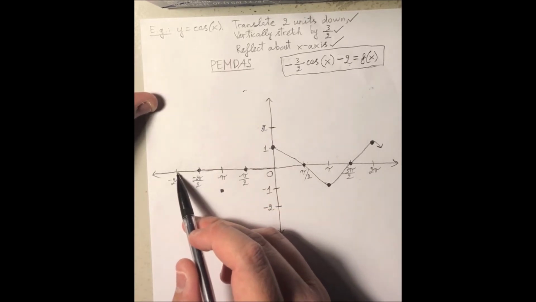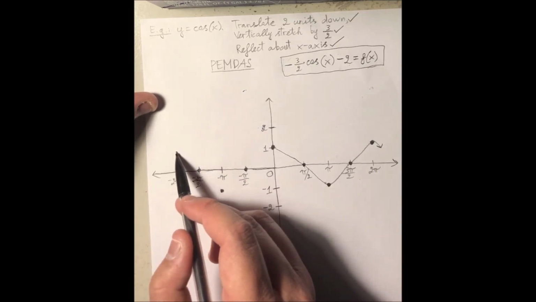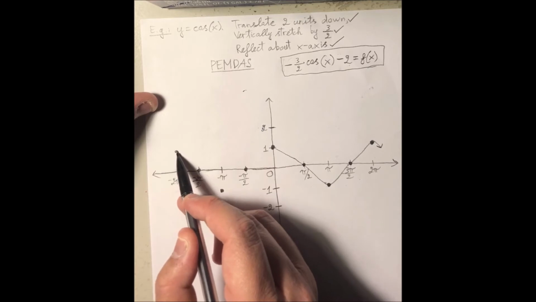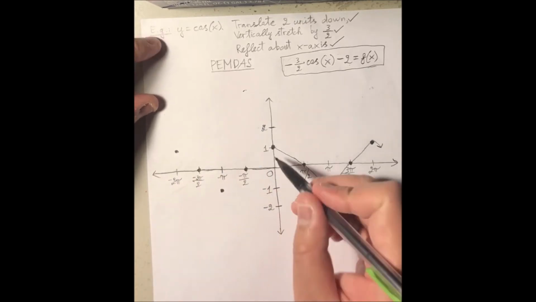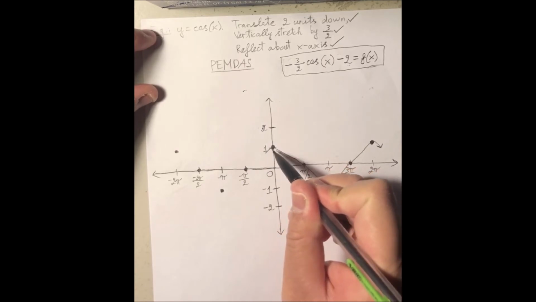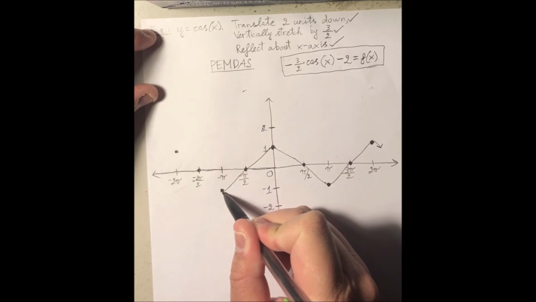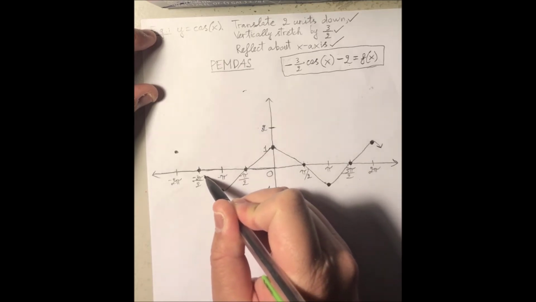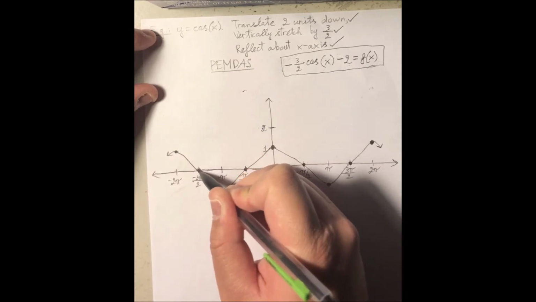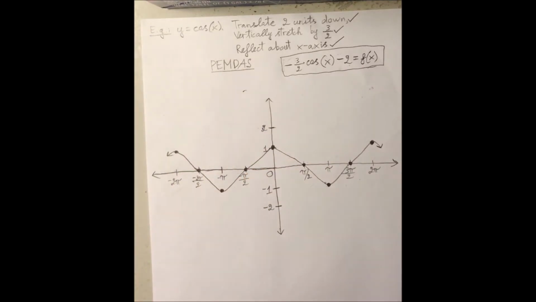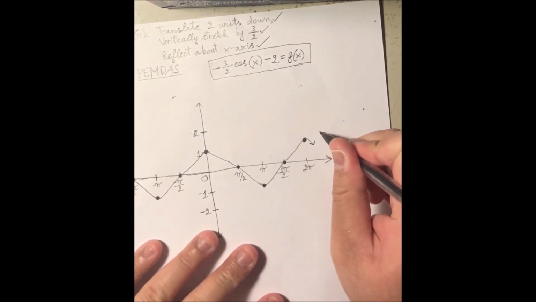When x is -2 pi, cosine of -2 pi is back to +1. Like that. So hopefully I'm eyeballing it correctly. And then just connect the points. Something like that. So this right here is the graph of the parent function cosine of x.